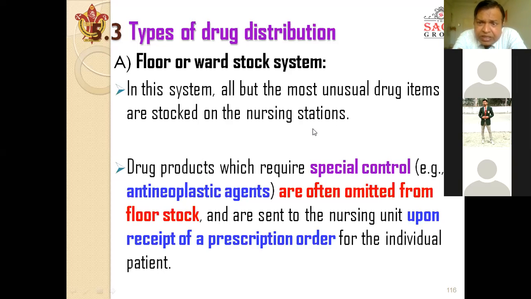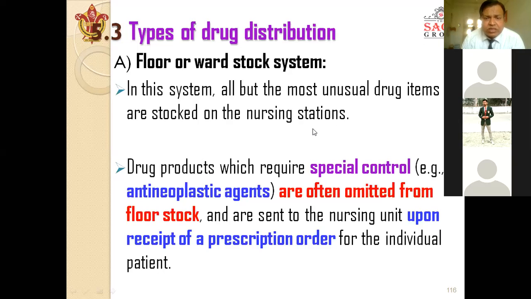Those drugs are stored in a nursing station. Similarly, the same thing happens in a ward: burn ward, child ward, female ward, male ward, like that. We keep the drugs as per the requirement.